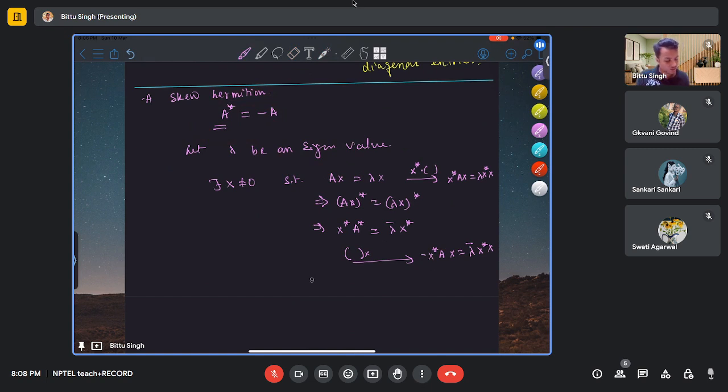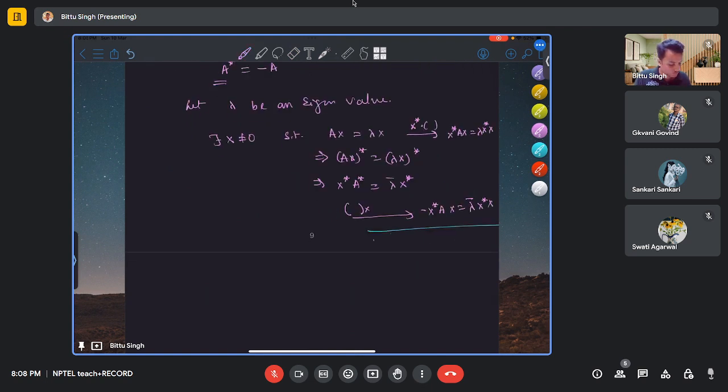Now instead of subtracting as previously, we add those two things. Adding this, we are getting 0 equal to lambda plus lambda bar into x star x.